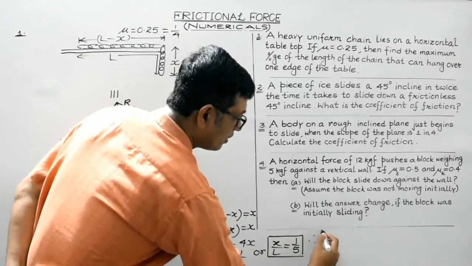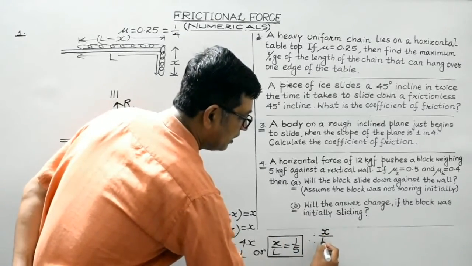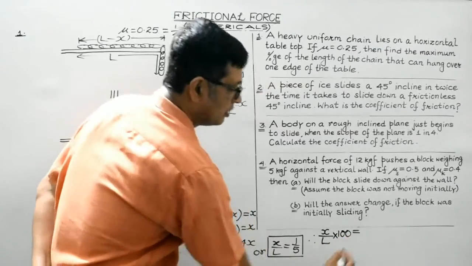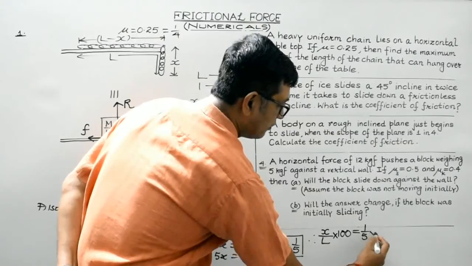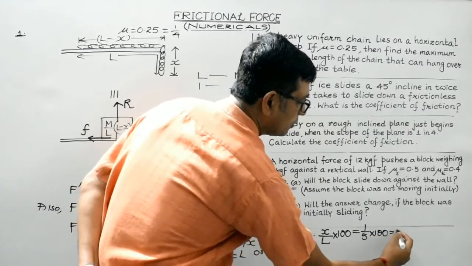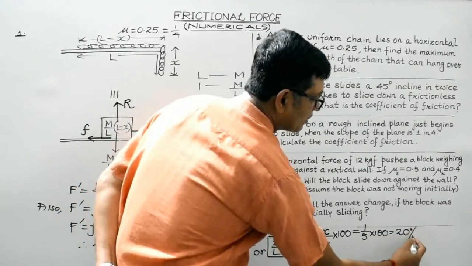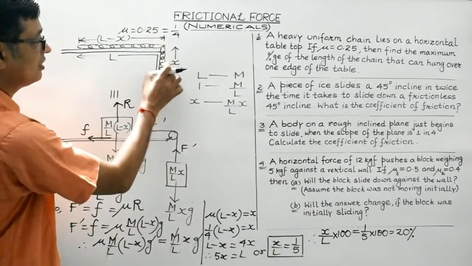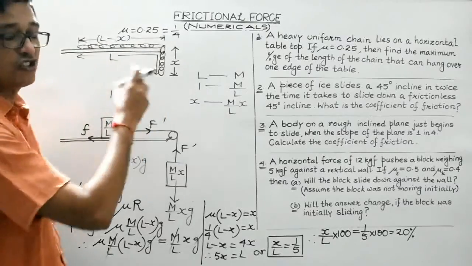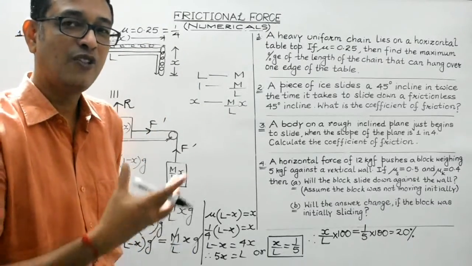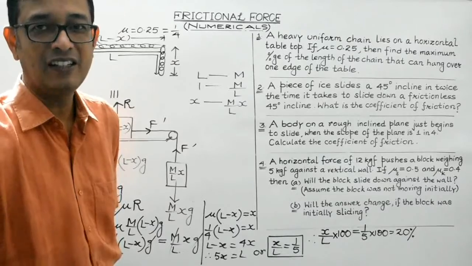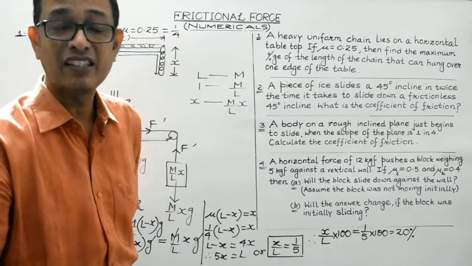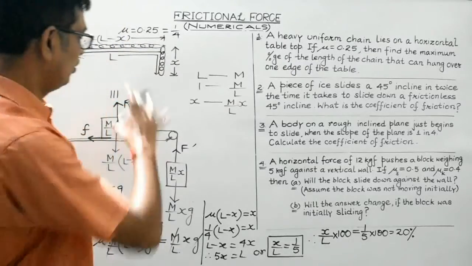Therefore, the percentage of the chain hanging over the edge of the table is 1 by 5 multiplied by 100, which is 20%. So this is the answer. 20% of the length of the entire chain can hang over one edge of the tabletop so that the entire system remains at rest, in equilibrium. So this is the solution.